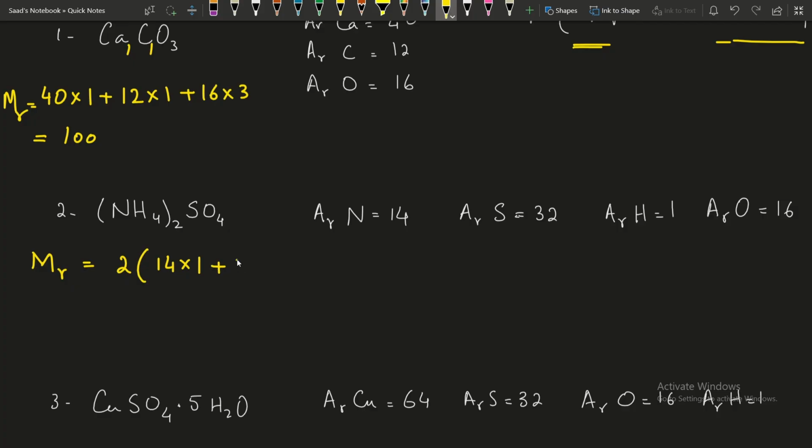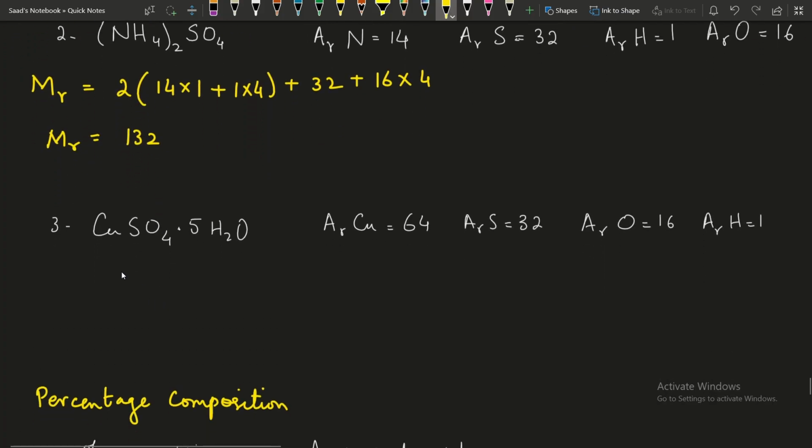AR of hydrogen is 1, but the subscript is 4. Close the bracket. Plus then we have sulfur, which is 32, plus oxygen, which is 16. The subscript of oxygen is 4. Then you solve the bracket, multiply it with 2, and then you will get the MR of ammonium sulfate to be 132. See, I'm not using any units.